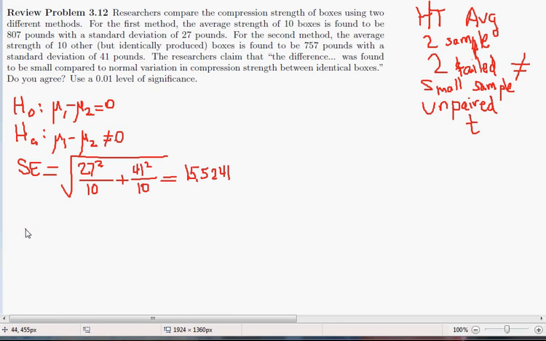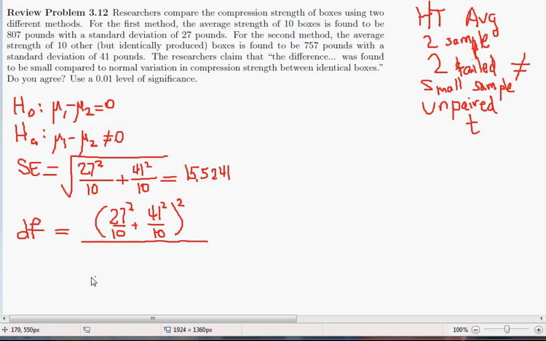Next, we need the number of degrees of freedom, and this is a fairly complicated formula. So the top is going to look like the standard error: 27 squared over 10 plus 41 squared over 10, whole thing squared.